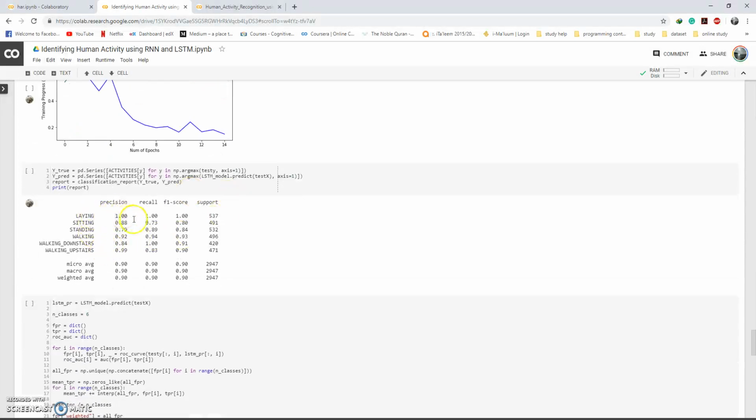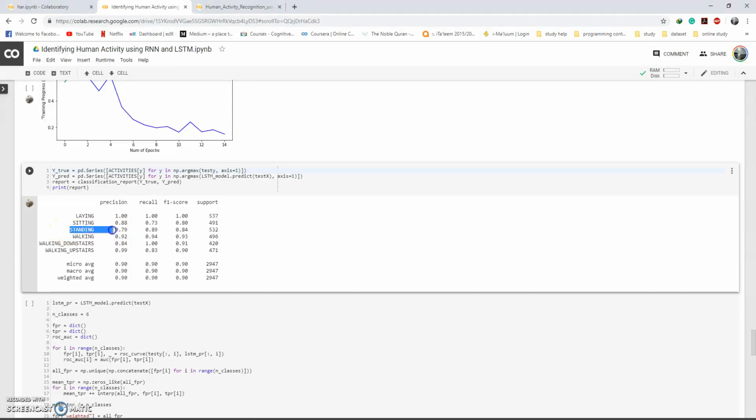Similarly, if we look at the precision, recall and F1 score, we can see that for all of the activities the model performed pretty well. Only the value under 80 was for standing. So that's why the average of this model was around 90%.